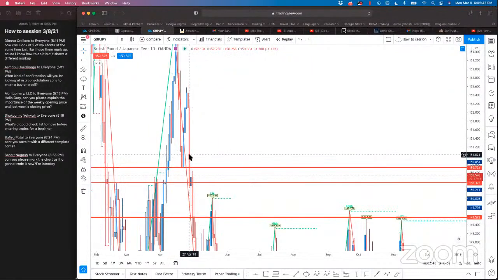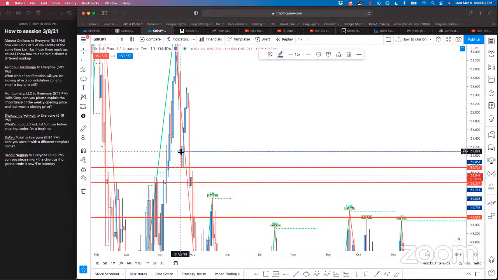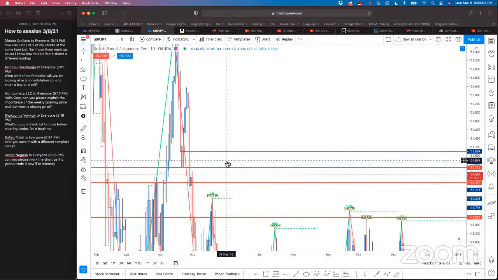If I go over this, it's just a full body candle. Right here, just a full body candle. But when I get here, I get some kind of rejection right here, right? That's the first time I get some kind of rejection outside of this, right? Guess who that is? That's target 2 right here.